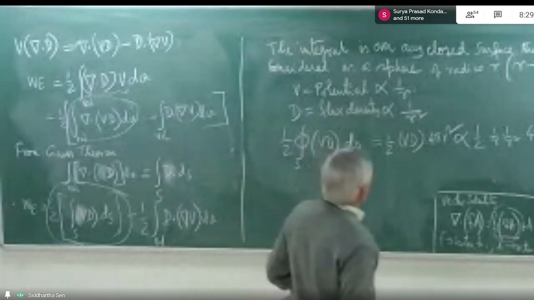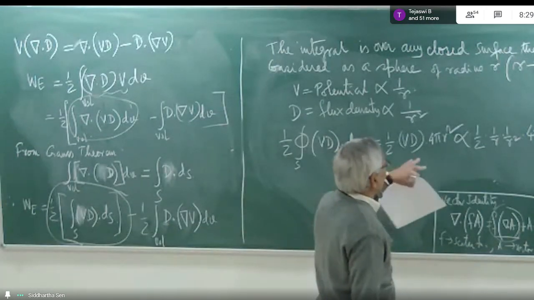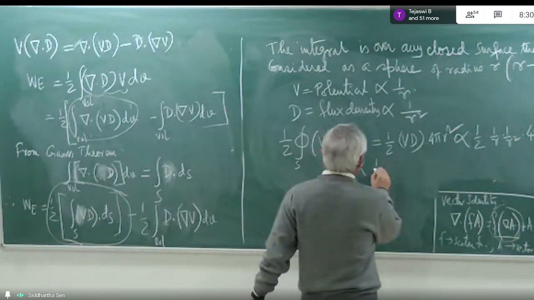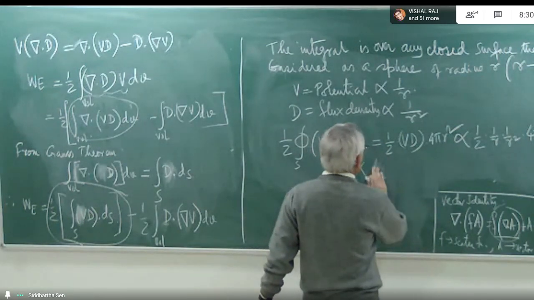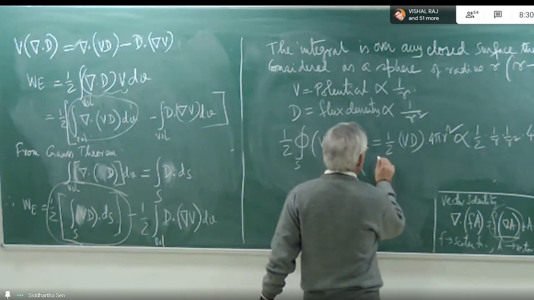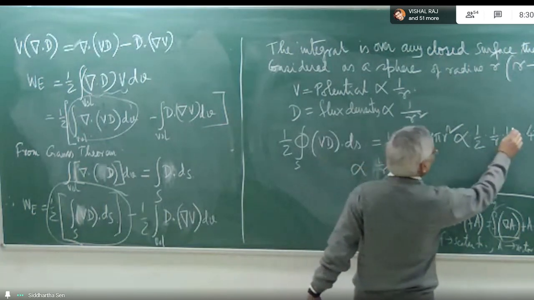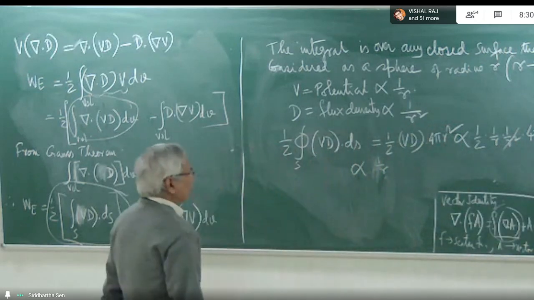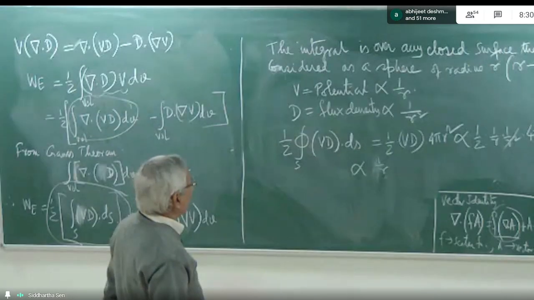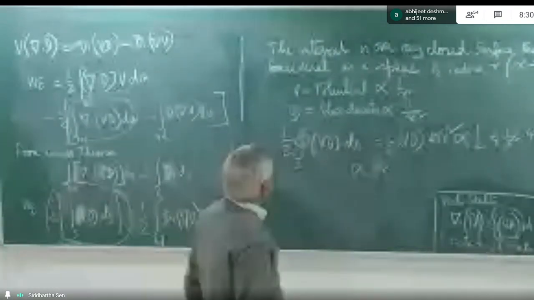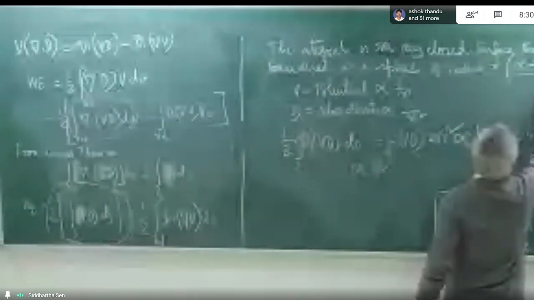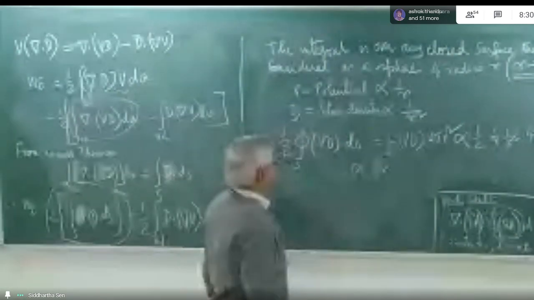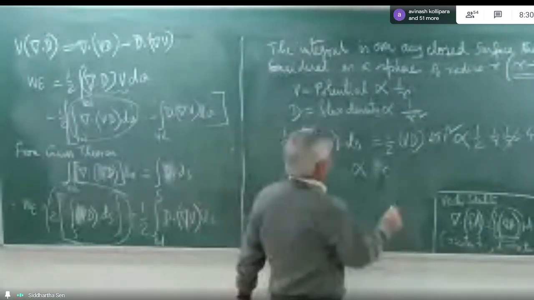So if I change the radius, how will it look? Finally, it is proportional to 1 by r, because this r and this r square cancel out. And we know that this radius r is very large, tending to infinity.